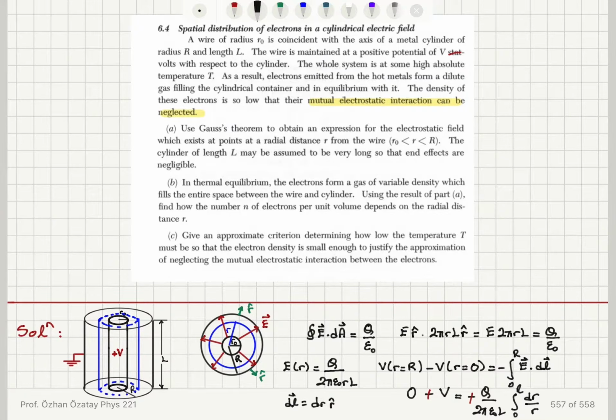So instead of doing it from 0 to R, let's do it from R0 to R. So the potential at r equals R0 is what I'm taking as the reference, because otherwise I cannot do it. The potential difference between r equals R and r equals R0.